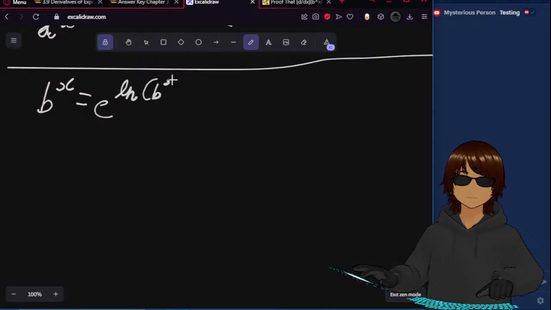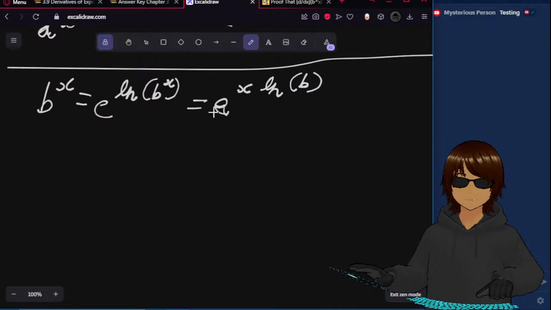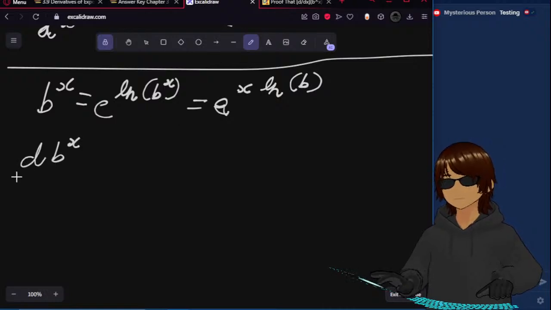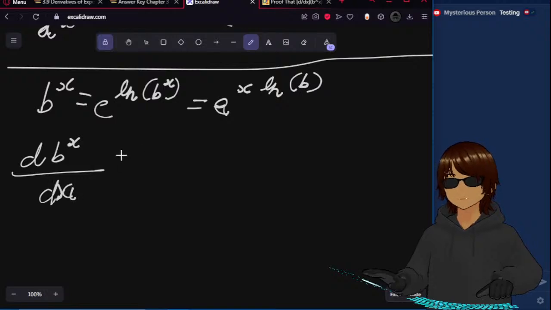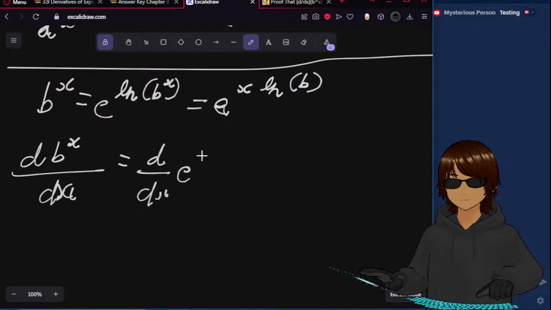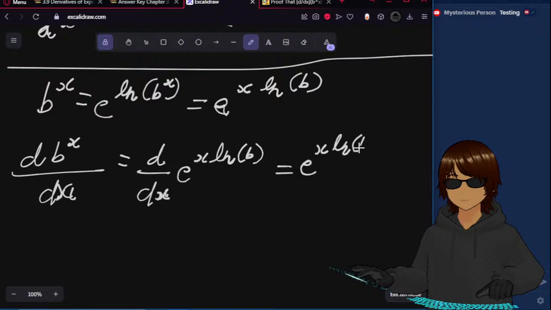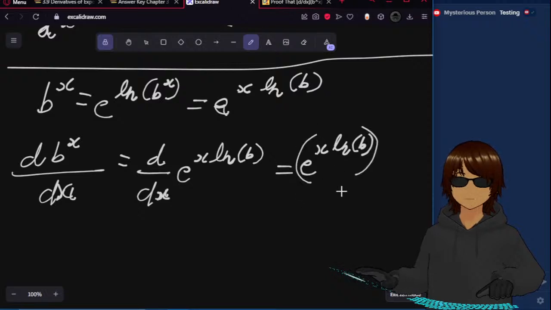e to the x ln b, because these two will cancel each other out. And then the derivative of b to the power of x, so the derivative of the outside, which remains the same, times the derivative of the inside, which is basically, this is a constant.